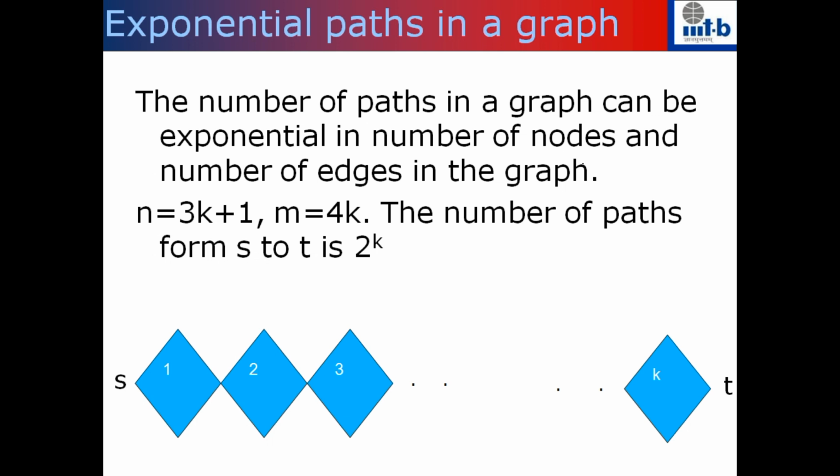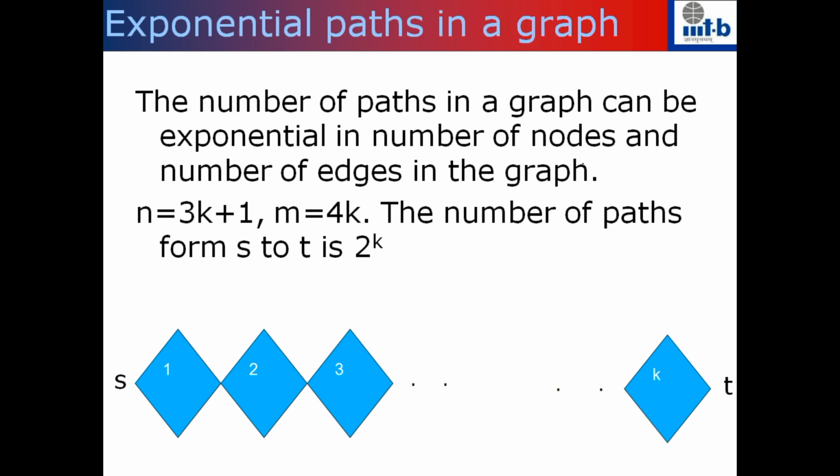This would have given me an efficient polynomial time algorithm for solving both the shortest path problem as well as the longest path problem. So I want to quickly show an example saying that the number of possible paths between a source and a destination can be exponential in the number of nodes as well as the number of edges in the graph. So you can't enumerate all the paths in the graph, since that becomes an exponential time algorithm.